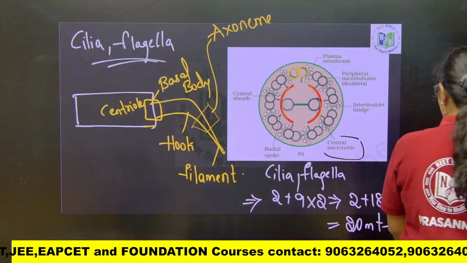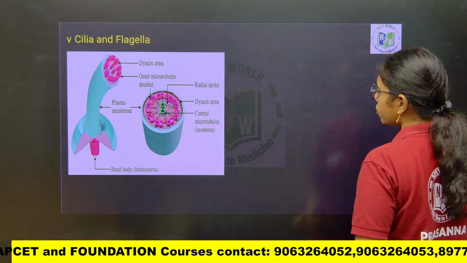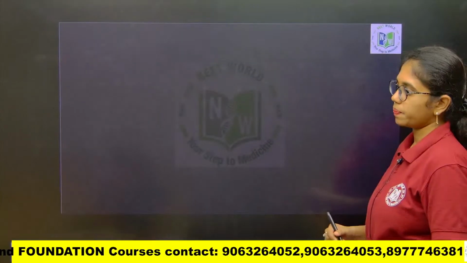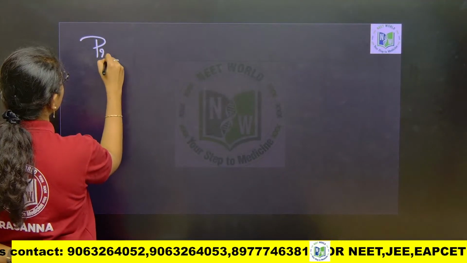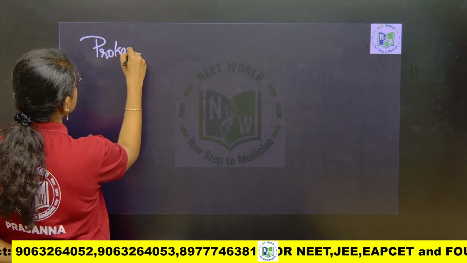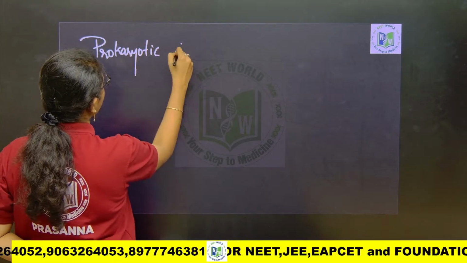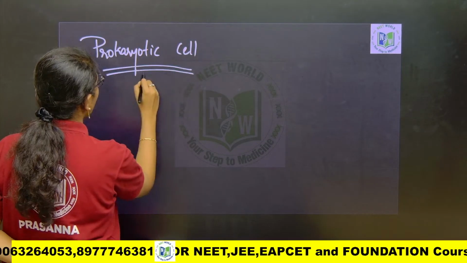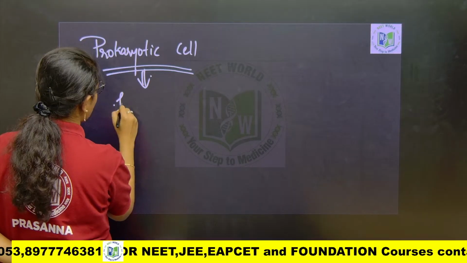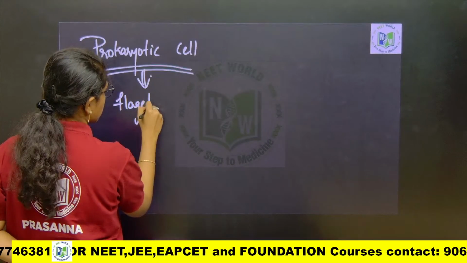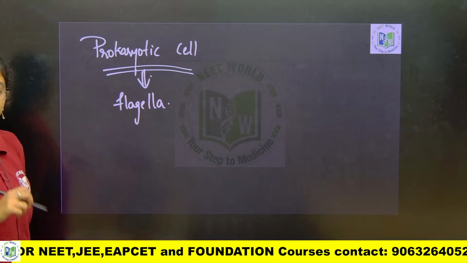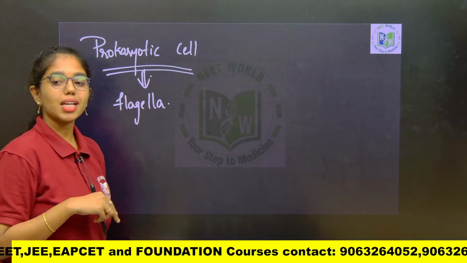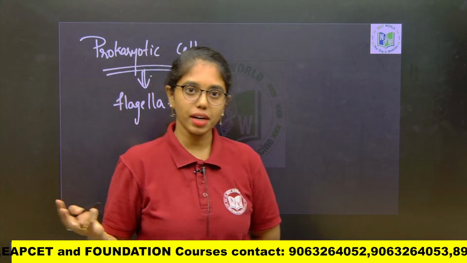You tell me, what are the motile structures in a prokaryotic cell? Cilia and flagella? No. For a prokaryotic cell, the only motile structure is flagella. And there are 2 non-motile structures, you call it as pili and fimbriae. We have already discussed, right?